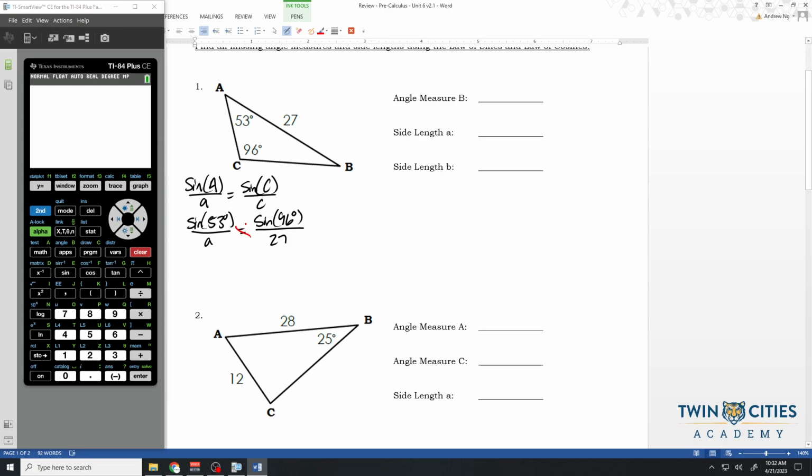Here we will cross multiply. So we'll get a times the sine of 96 degrees is equal to 27 times the sine of 53. And then we'll divide both sides by the sine of 96 degrees.